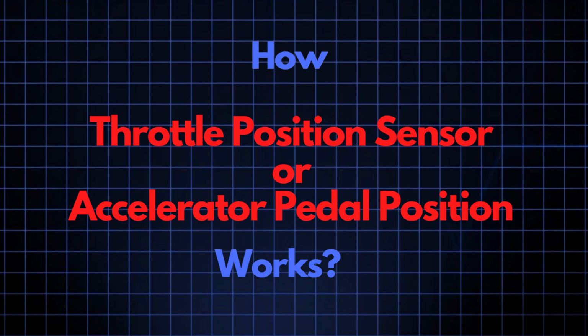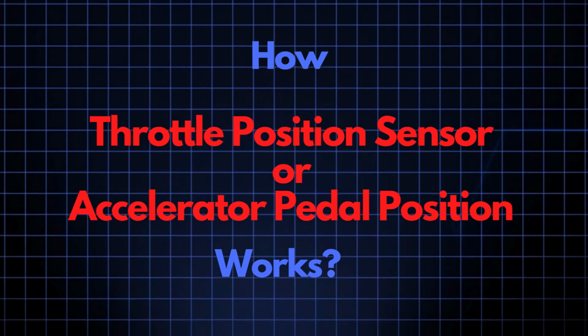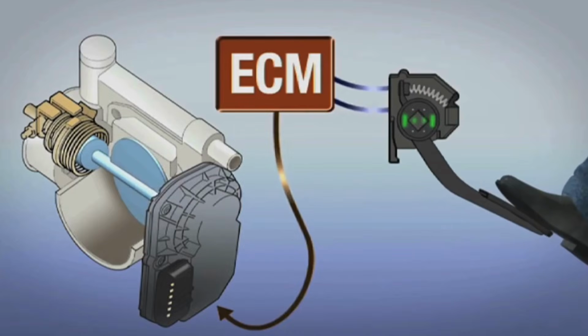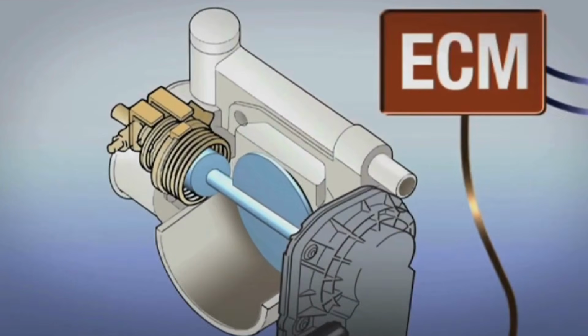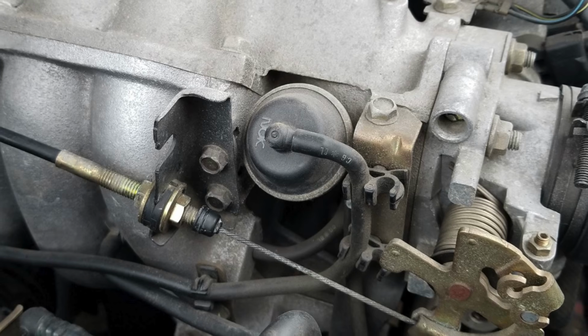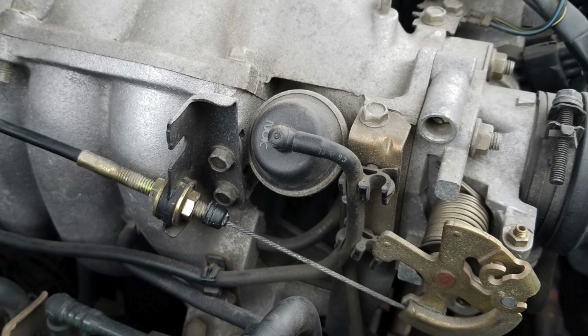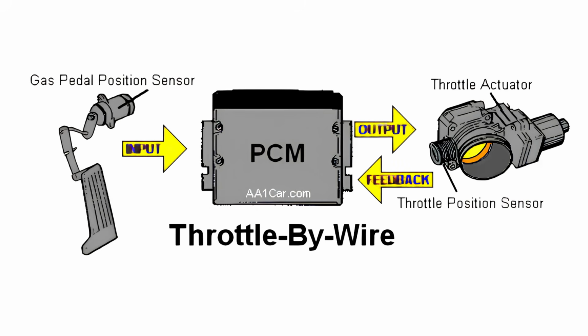Now let's talk about what the throttle position sensor and the accelerator pedal position sensor actually do. The throttle position sensor measures the angle of the throttle plate. In older cable-operated throttle systems, it's mounted directly on the throttle body and moves along with the throttle plate as you press the accelerator. In newer drive-by-wire systems, there's no mechanical cable connecting the accelerator pedal to the throttle body.